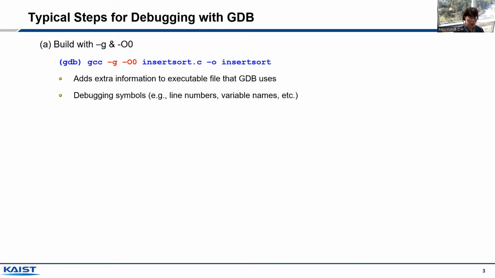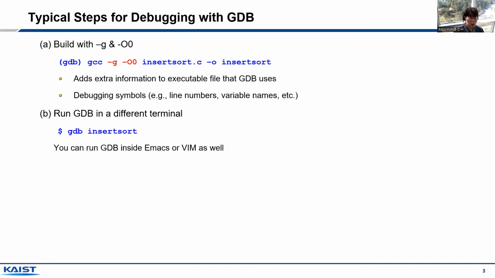Additionally, we can add the -O0 option, which disables compiler optimization. By doing so, it allows us to access more variables that could be optimized away with more aggressive optimization options. So you compile your code with -g, and additionally you can add -O0, and by doing so you add the debugging symbols to your program.